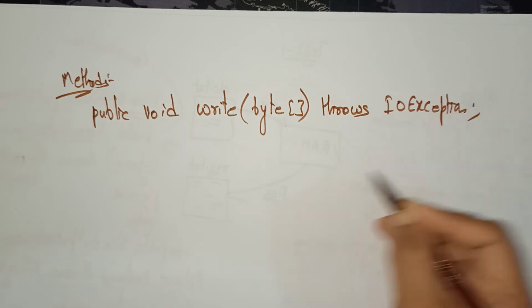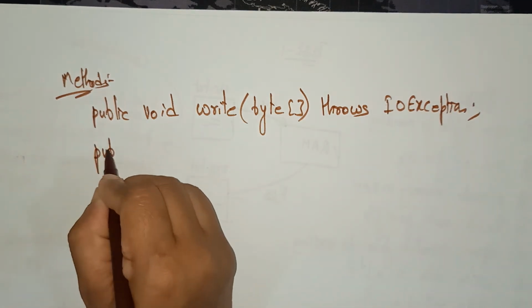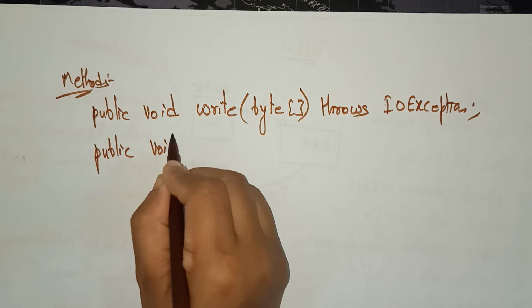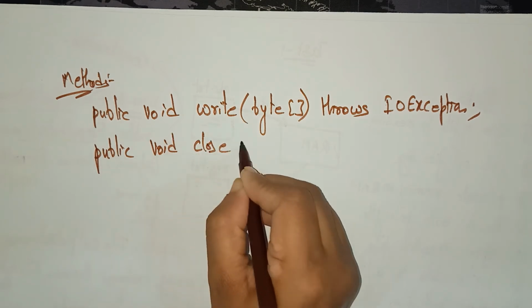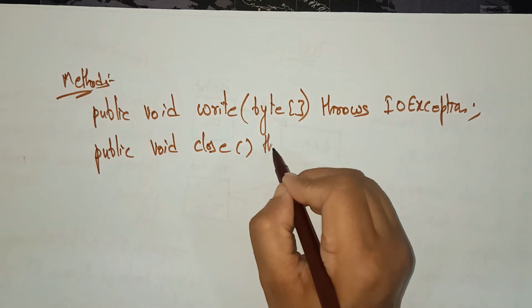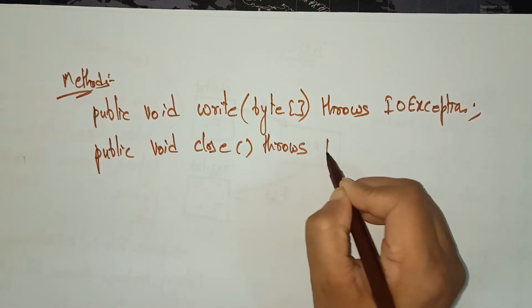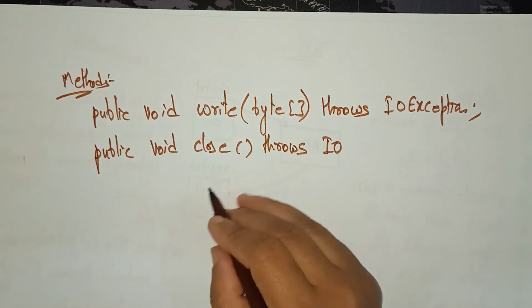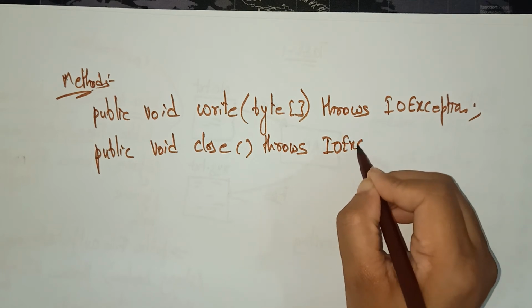Another method we require is public void close, because when your work is done, we close the files that you had opened for reading and writing. And if the file is not found for closing, then it throws IOException.